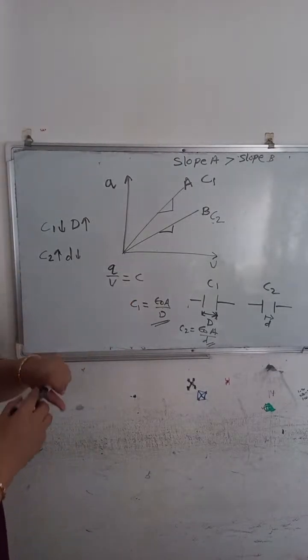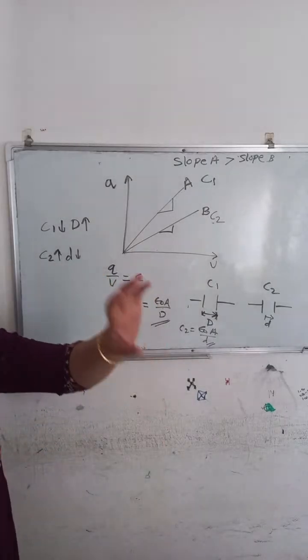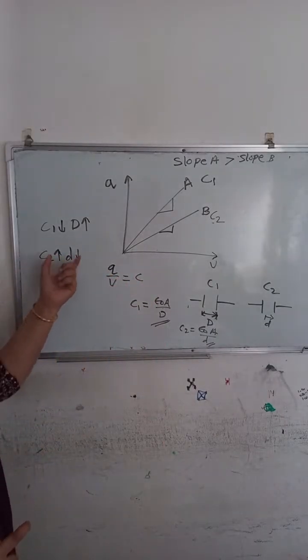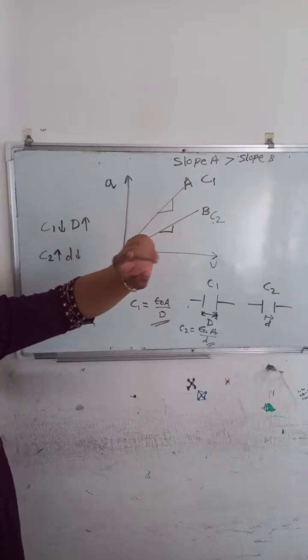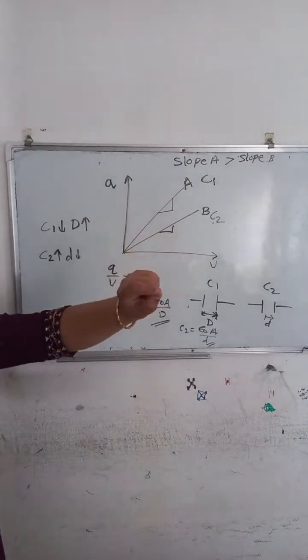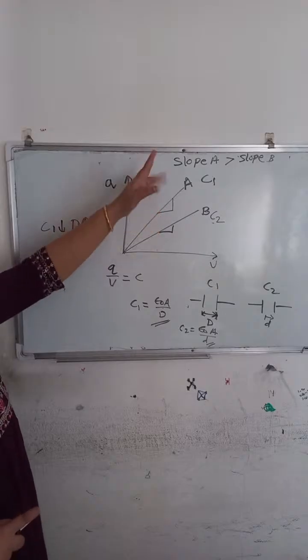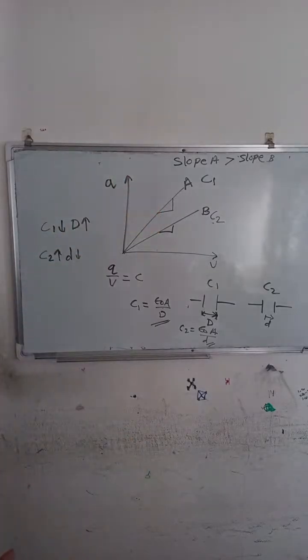If they ask for an explanation based on the distances, you can say the capacitance of C2 is greater than C1 with respect to the plate separation, and depending upon the slope, C1 is greater. So the line B is lesser than the line A. That's it. Understood? C1 represents A and C2 represents B.